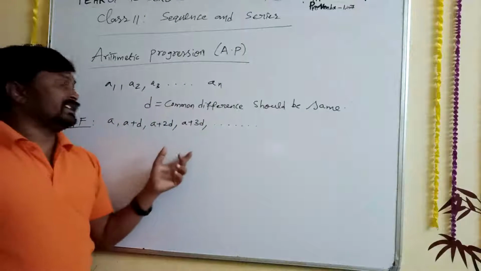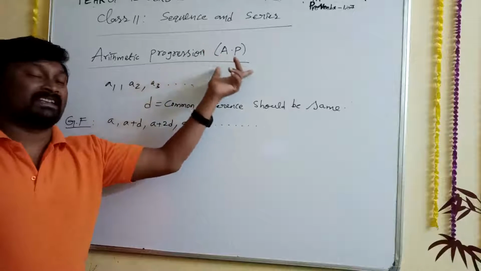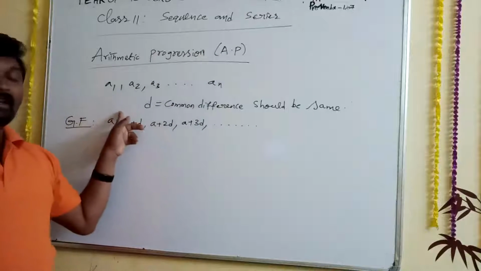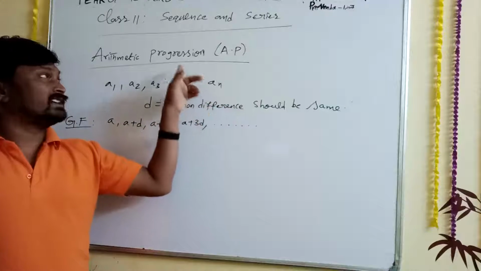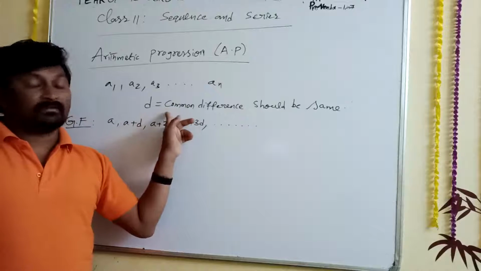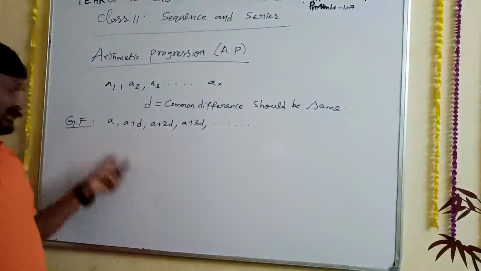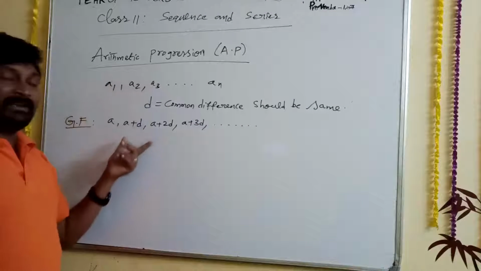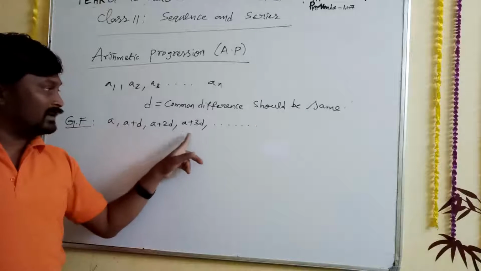Now, arithmetic progression or arithmetic sequence: anything in the form of A1, A2, A3 and so on, AN, where the common difference D should be the same. The general form of arithmetic progression is A, A plus D, A plus 2D, A plus 3D and so on.